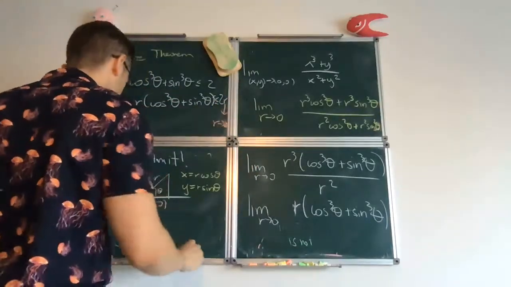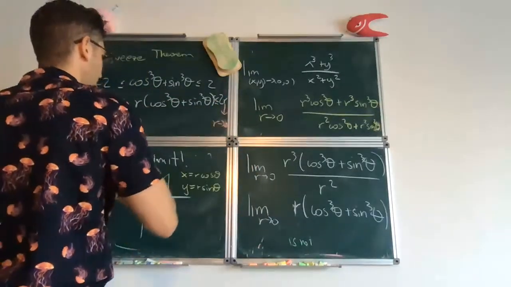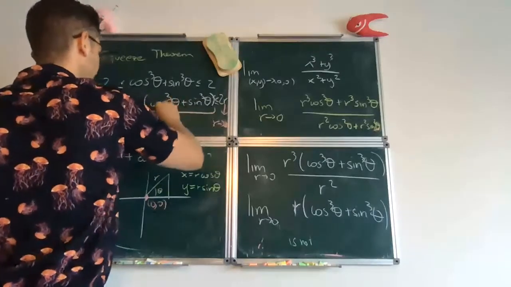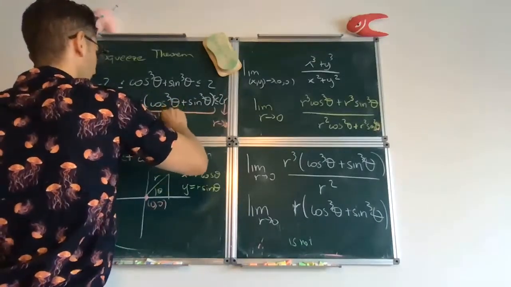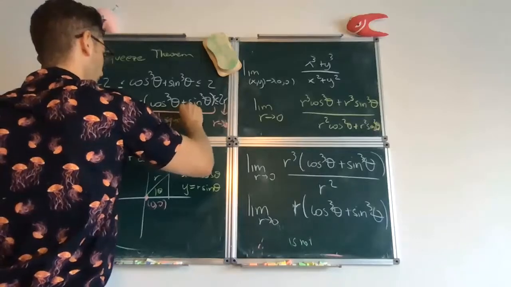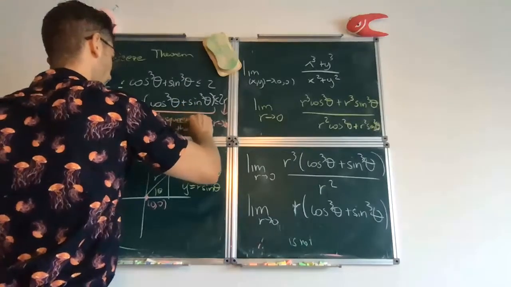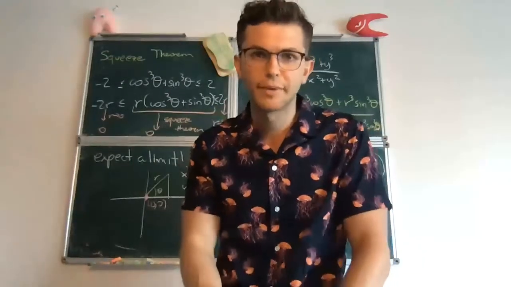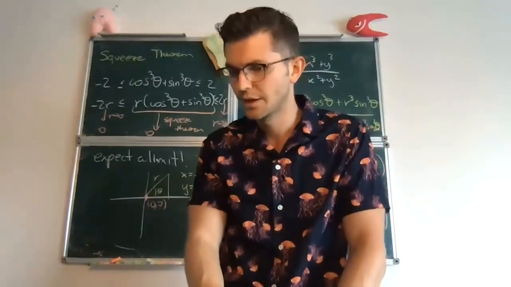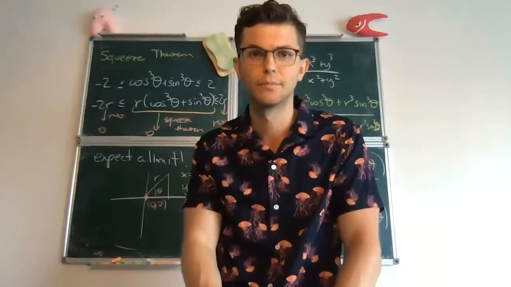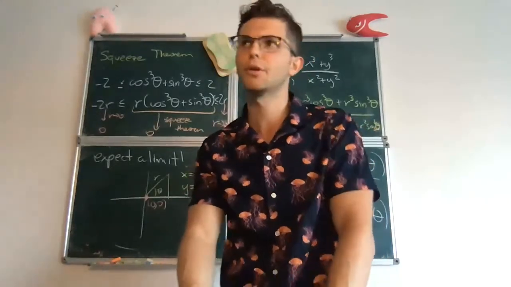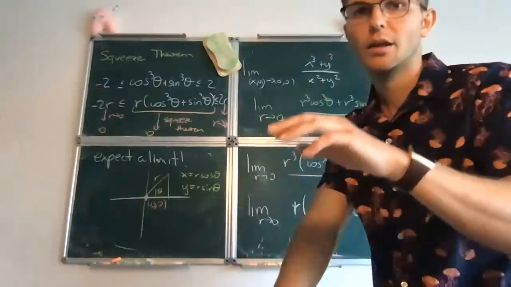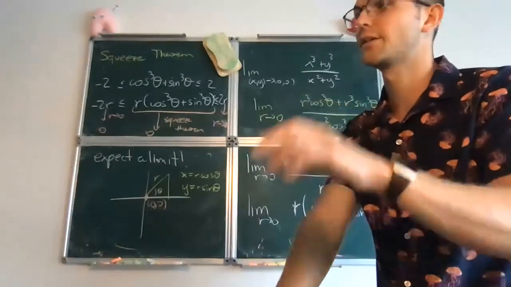And so by a version of the squeeze theorem, this needs to go to 0 as well. And so in practice, that's how you would show that a certain limit is 0 or exists. You notice you have to do a different argument, which is not the same as just finding trajectories that work.